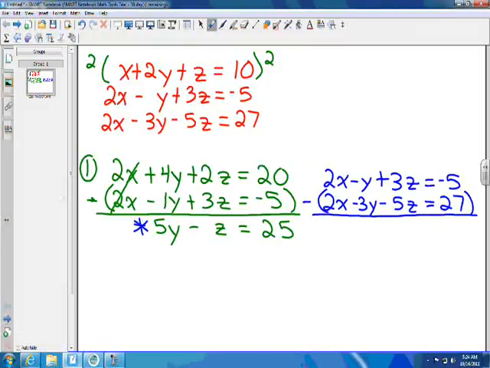For instance, if you put add there instead of subtract and you did 2 plus 2 is 4x, clearly that didn't eliminate your x, but 2 minus 2 does. So 2x minus 2x, again, negative 1 minus negative 3 will be negative 1 plus 3, which is 2. So we got 2y there. And then 3 minus negative 5 would be plus 8z, and negative 5 minus 27. What? Negative 32.